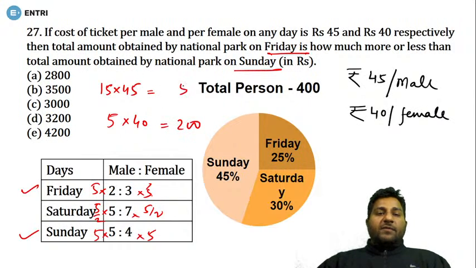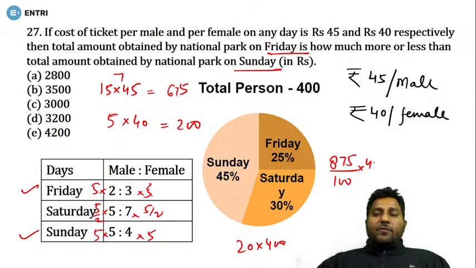All right, and 15 fives are, so you can easily figure out the difference. Look at this, 20% of 400. So we have got 15 fives are 75, 15 fours are so 675. So 875 by 100 into 400. So let's find out. 4 fives are 20, 4 sevens are 28, 4 eights are 32, so 3500.